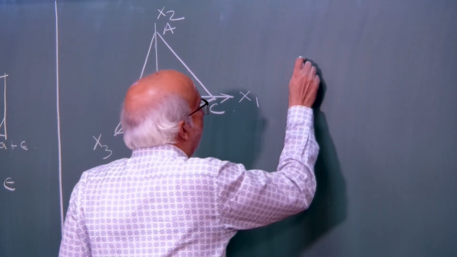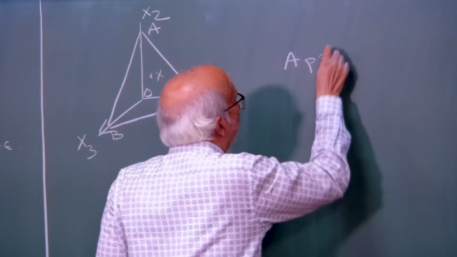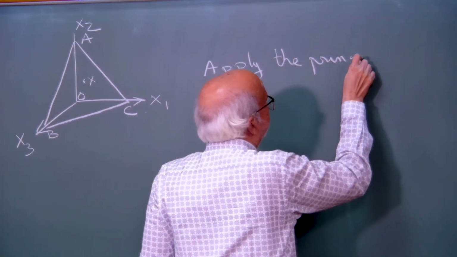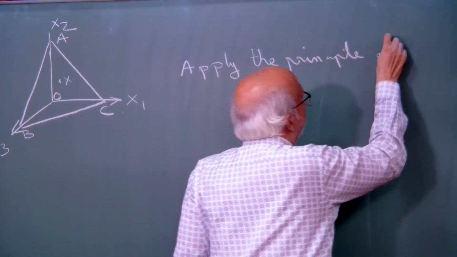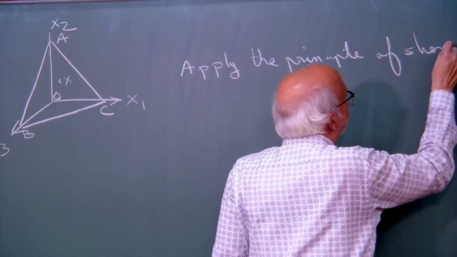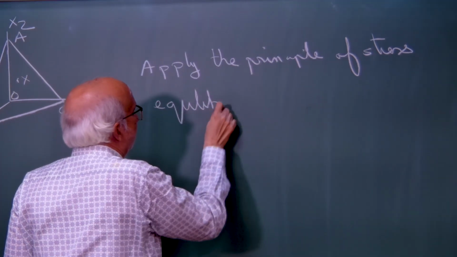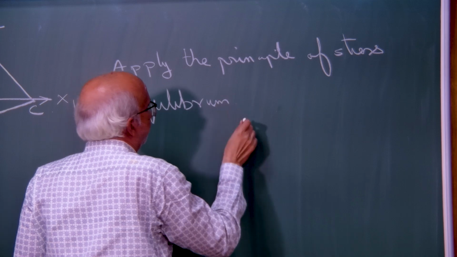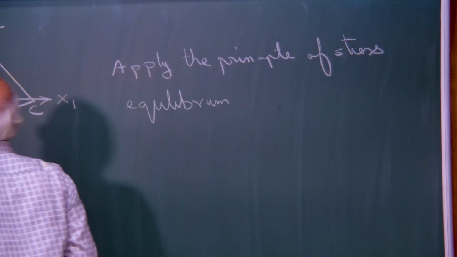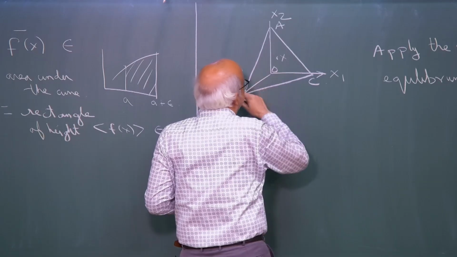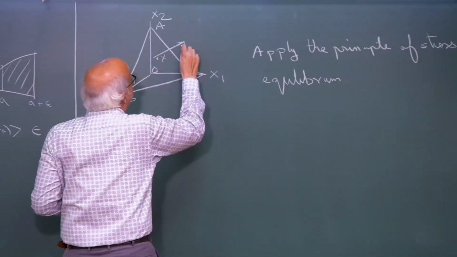The way I have drawn the axes, the unit vector which is perpendicular to ABC is n.